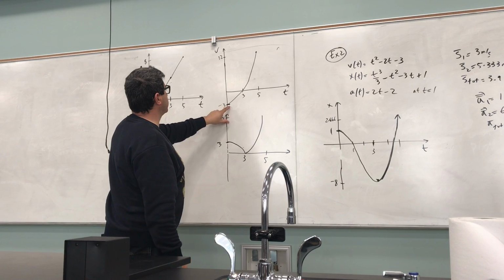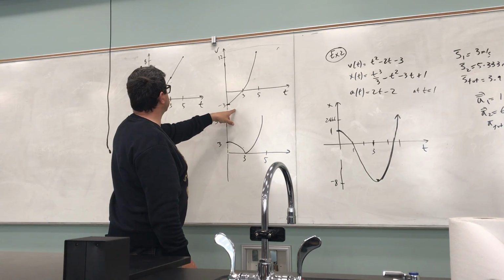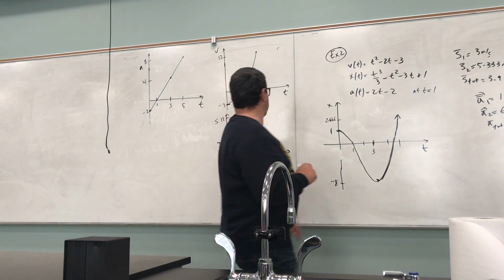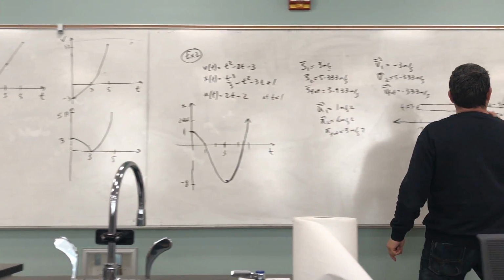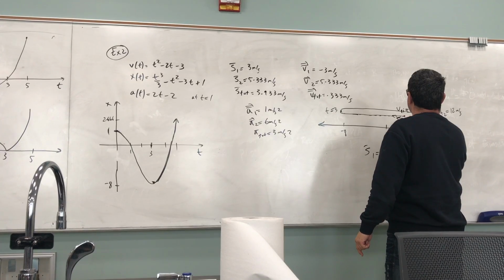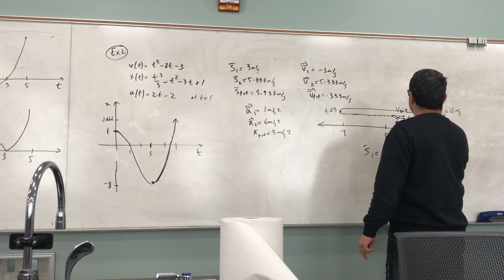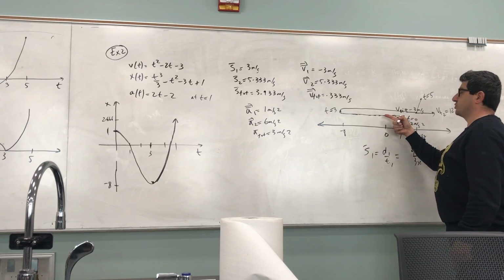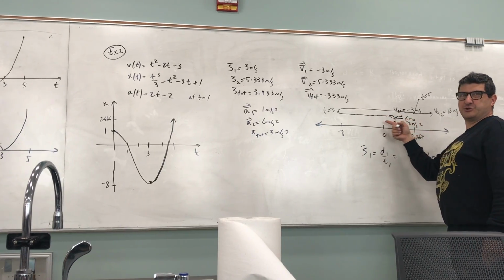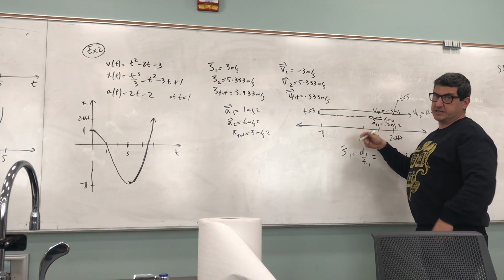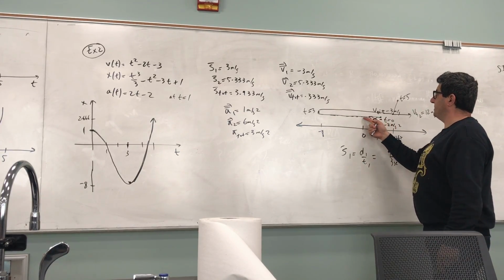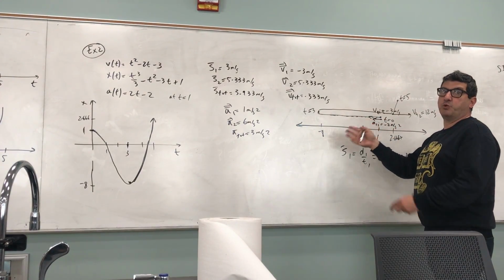So why is it going down? Because the acceleration is negative from 0 to 1 second. Initial acceleration is negative 2 meters per second squared. If your velocity is to the left and your acceleration is to the left, that means the particle is speeding up, so your velocity should be getting more negative.